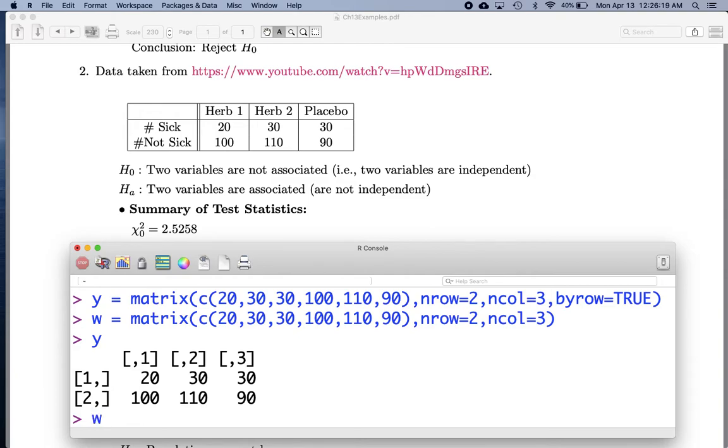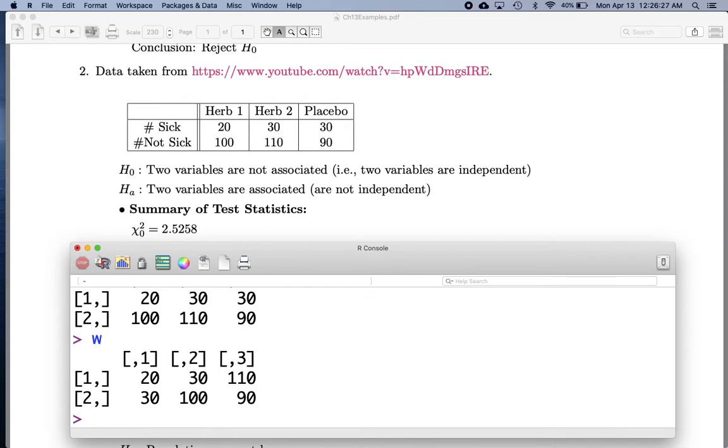If I look at the matrix W, it's going to put everything in by column. So the columns will be 20, 30, 30, 100, 110, 90. So it goes that way. We really want the data put in by row, so that's why I added that command.